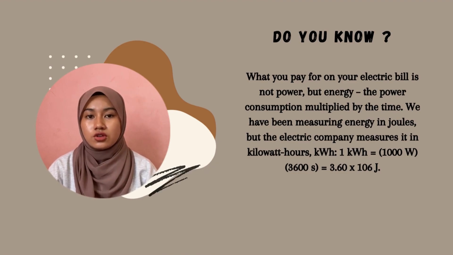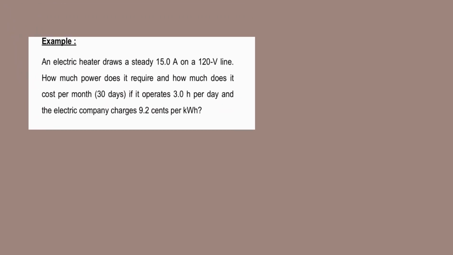So, for an electric power calculation example, an electric heater draws a steady 15 ampere on a 120 volt line. How much power does it require and how much does it cost per month if it operates 3 hours per day and the electric company charges 9.2 cents per kilowatt hour?